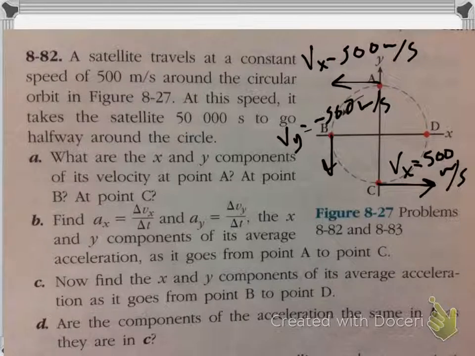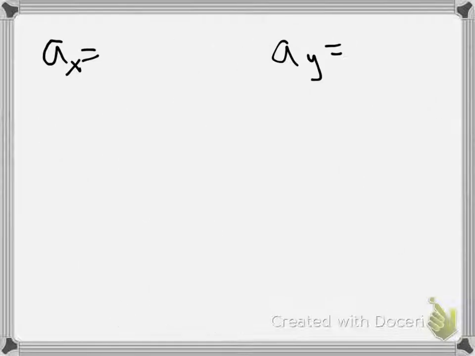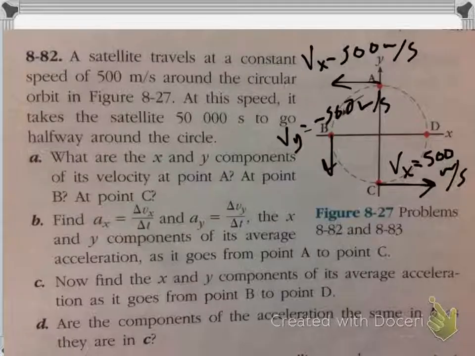Because from B to D, B is negative 500, D is positive 500, so we're going to get 1,000. So our y this time is going to be 0.02 meters per second squared, and then our x is going to be 0. Does that make sense to everybody? Because we have nothing in the x.